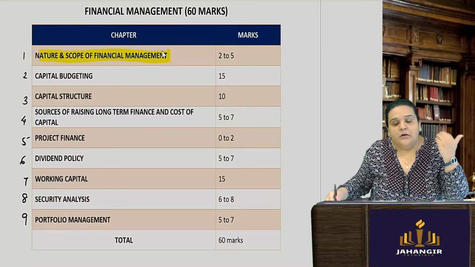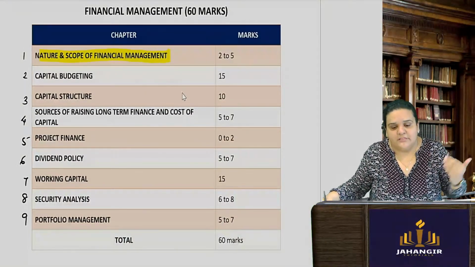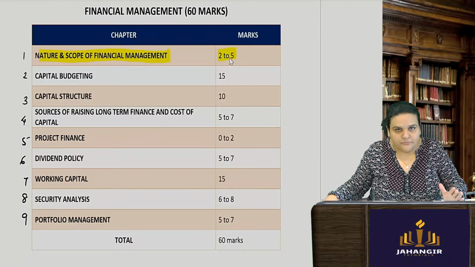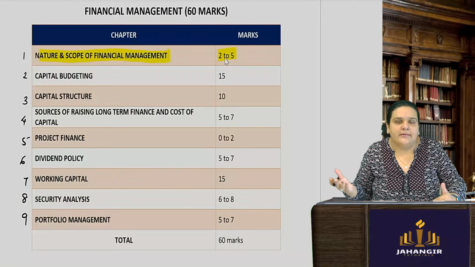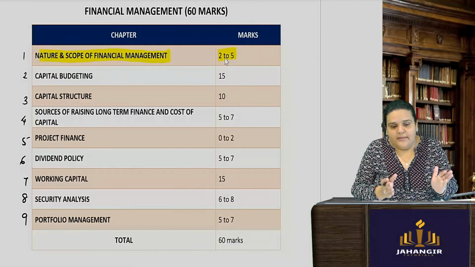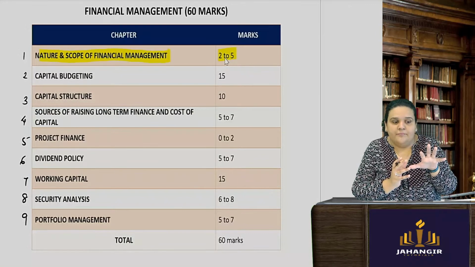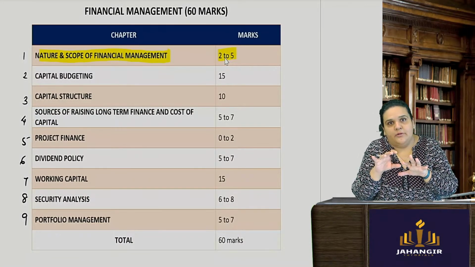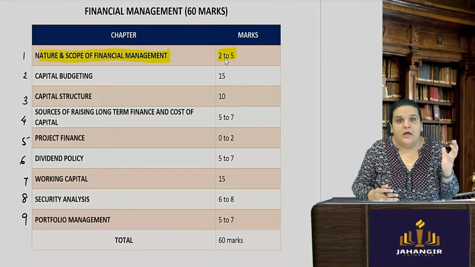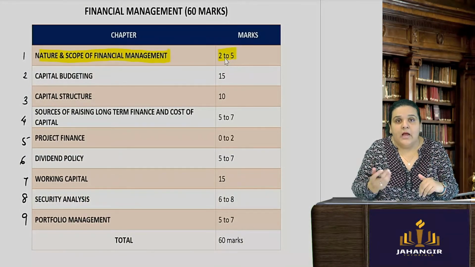Based on what I have seen, this particular chapter is 2 to 5 marks. I'm counting it on the higher side. Say suppose it is being asked for 5 marks. Now in that there is theory, in that there is practical. So both elements are present.